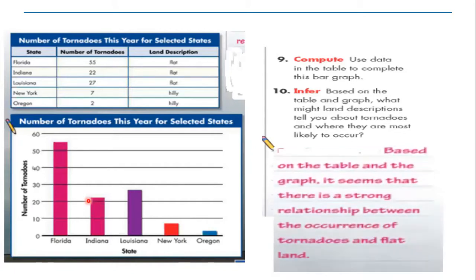Based on the table and the graph, it seems that there is a strong relationship between the occurrence of tornadoes and flat land. There is a strong relationship between flat land and the number of tornadoes. But in hilly land, there are fewer tornadoes.